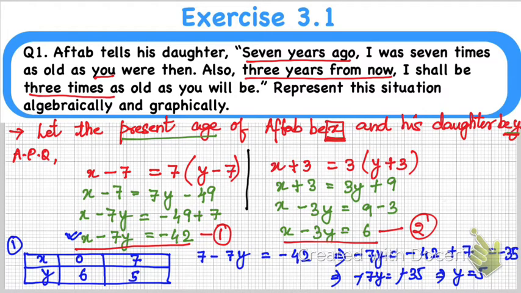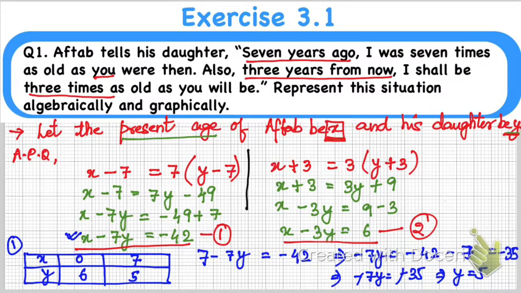So these are the points that we got for equation 1, right? Sorry, here I have made a mistake. If this 7 comes to the RHS, this will become minus 7, right?